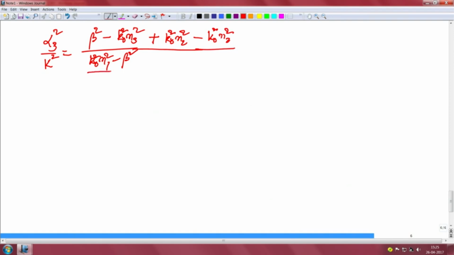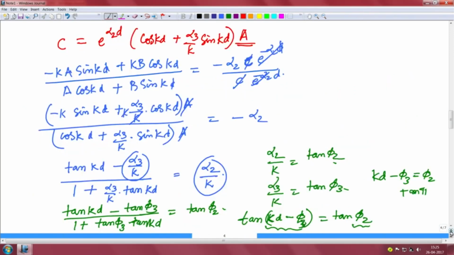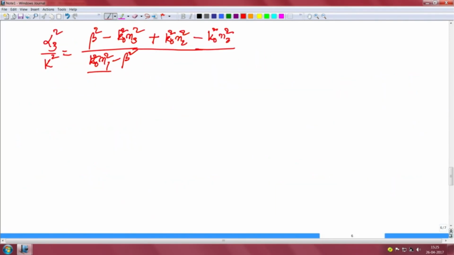So, here we have k0 n1 square, and so we can add and subtract like what we did for the previous case. We can add k0 square n2 square, k0 square n2 square. Because we need n2, we have added n2.